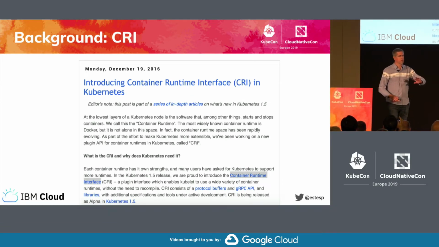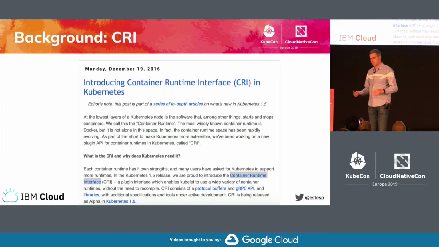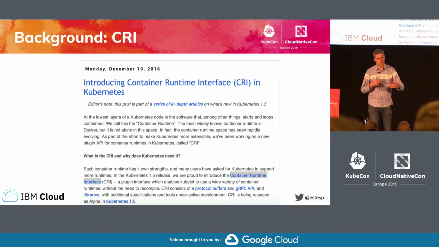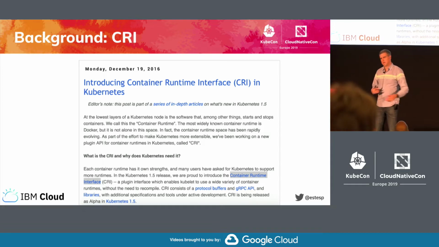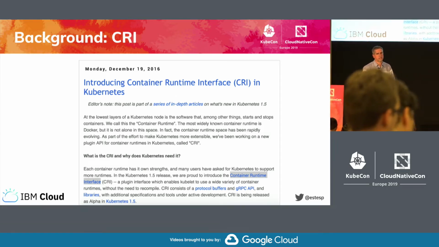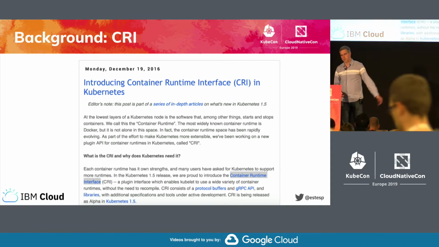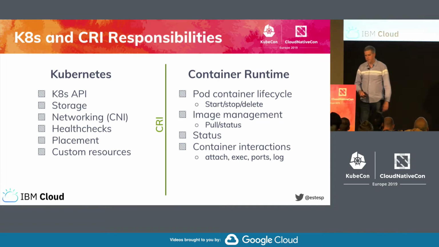And really, following the OCI, Kubernetes said, hey, this is going to be crazy trying to support all these runtimes in the code base. We need an interface where we abstract this. CRI is the container runtime interface in Kubernetes. Again, there's implementation details behind that, lots more great talks that you can find online.